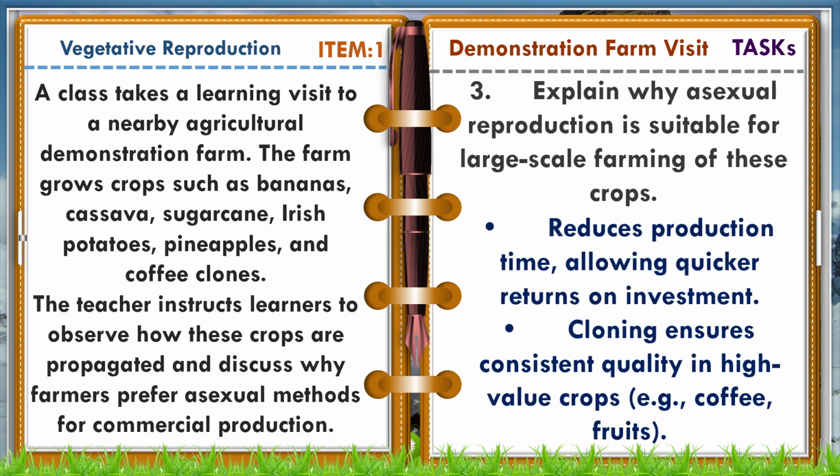They reduce production time, allowing quicker returns on investment. The cloning ensures consistent quality in high-value crops like coffee and fruits.